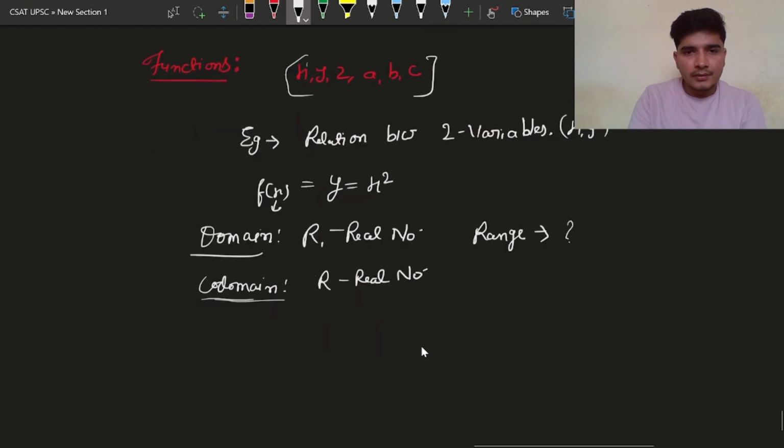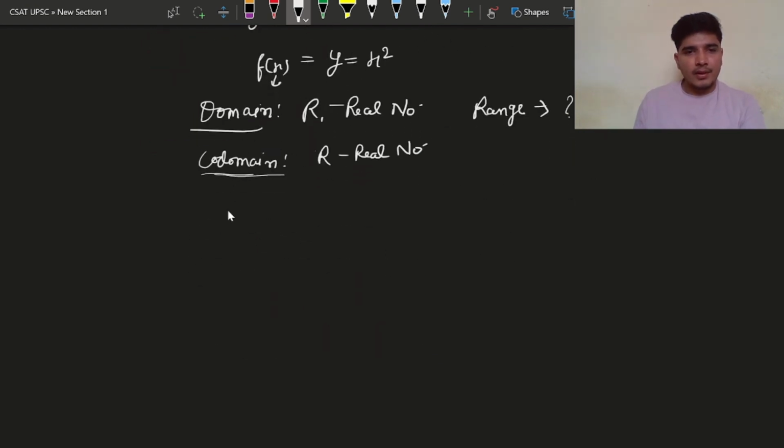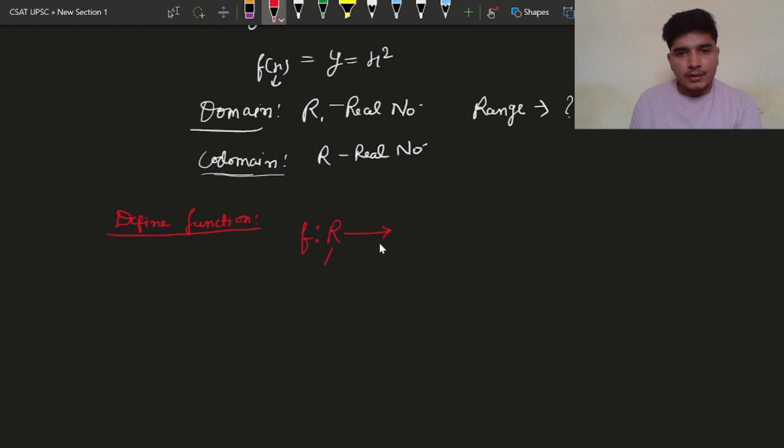With the help of this we can define one function. And how can we write this? For defining a function, I am giving a heading here: define function. We write a function as f, or f, g, h, whatever you want. f colon R, R is our domain, then an arrow, and what is our codomain?